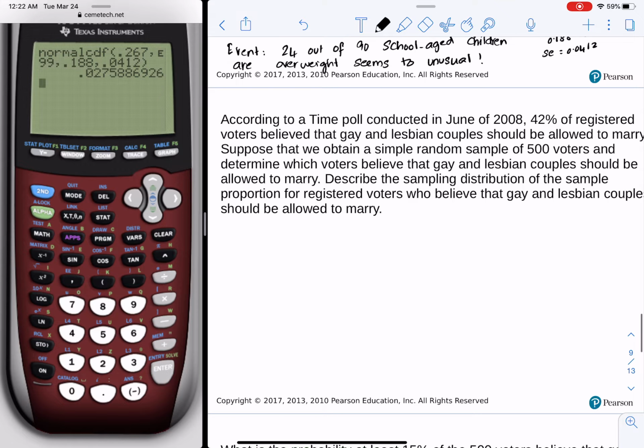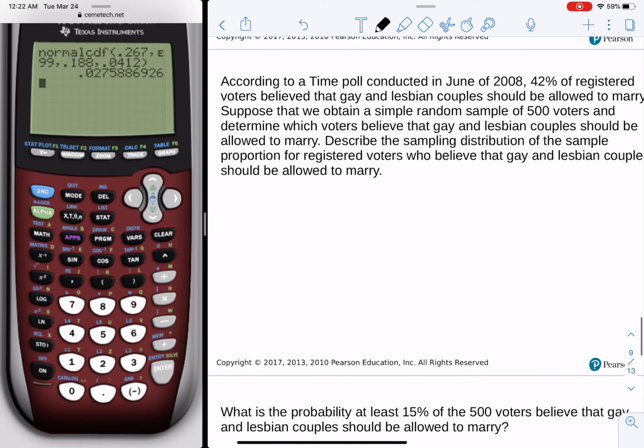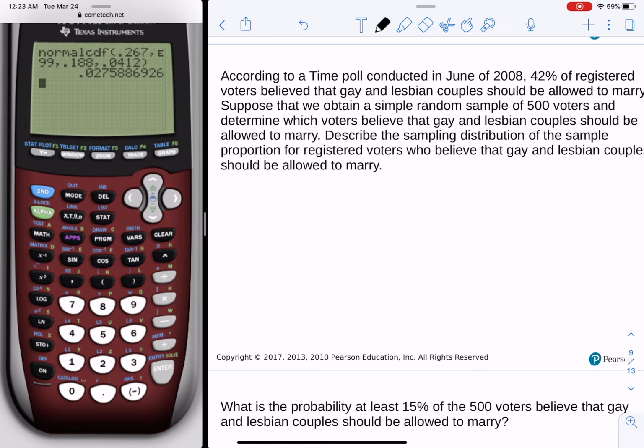So going back to the gay and lesbian couples and their marriage problem, we now have 500 voters, and we want to describe the sampling distribution of the sample proportion.